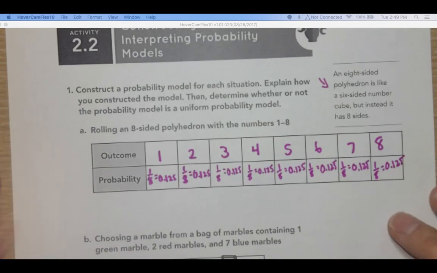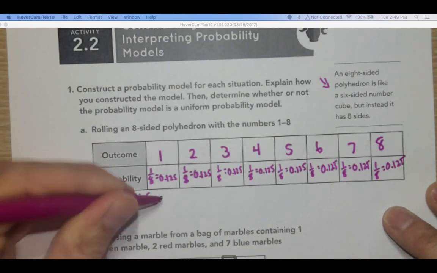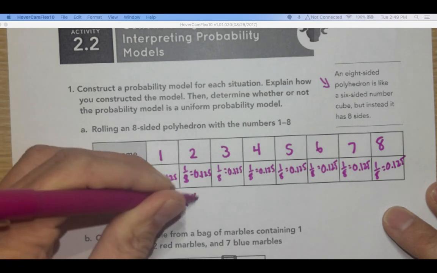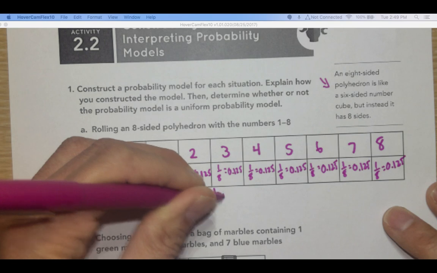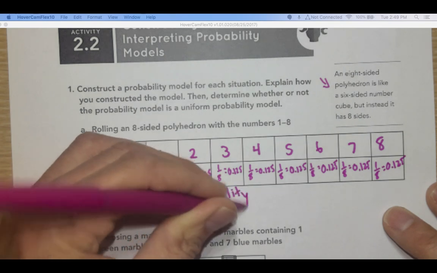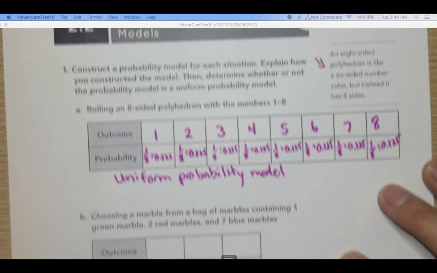All of those are the same, so this is a uniform probability model. Yay.